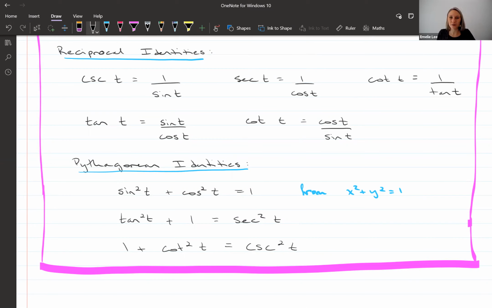For example, pretty much all calculators, even this fancy calculator, only have sine, cosine, and tangent. So it doesn't have cosecant, it doesn't have cotangent, it doesn't have secant. And so we need to be able to know how to get there.